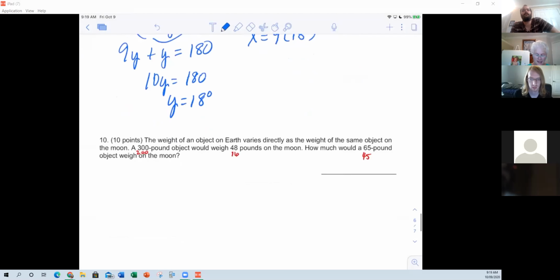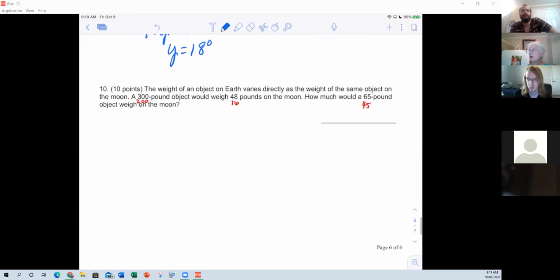And then number 10, weight of an object on Earth varies directly as the weight on the moon. So the Earth weight varies directly as the moon weight.